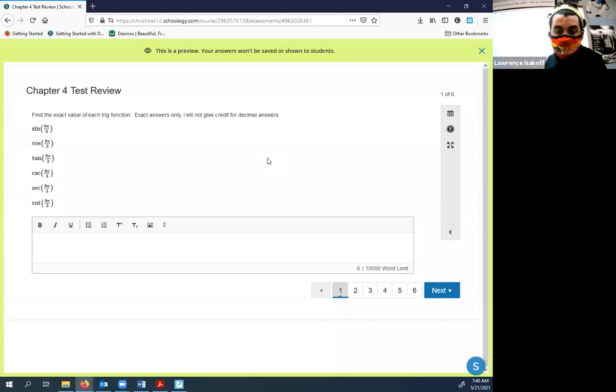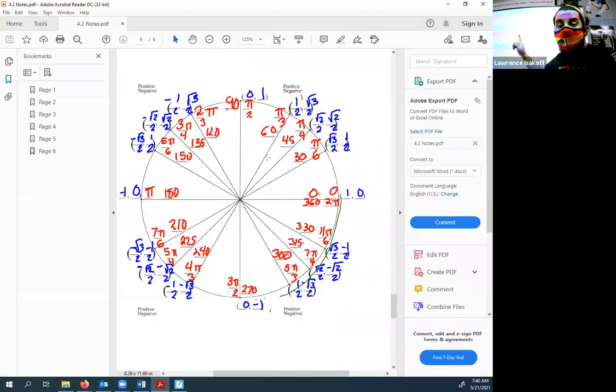We're going to need to utilize a unit circle some, but I notice 8 pi over 3, when I look at a unit circle, 8/3 is bigger than 2, which means 8 pi over 3 is bigger than 2 pi. We can't see 8 pi over 3 anywhere on my unit circle. So I'm going to subtract 2 pi from 8 pi over 3 to find my reference angle in here.